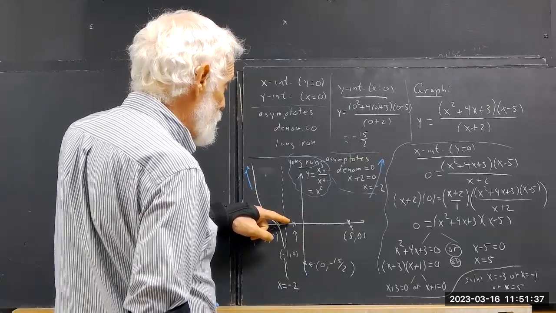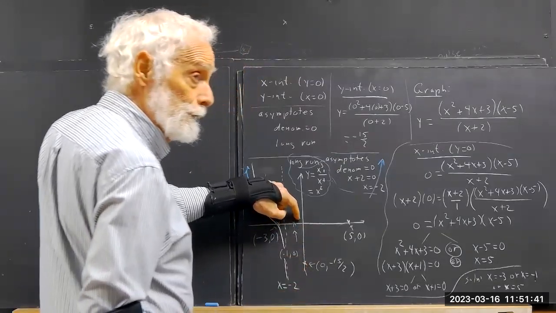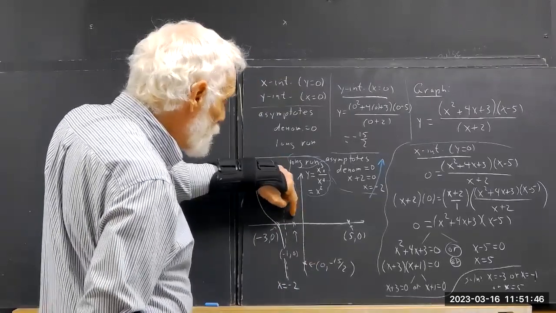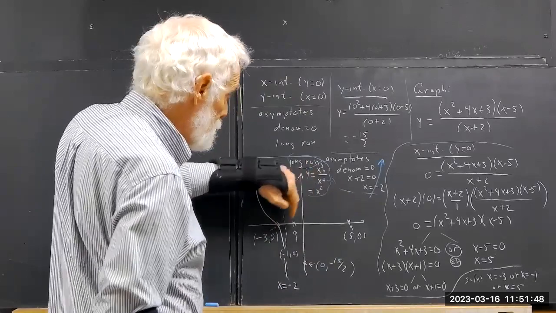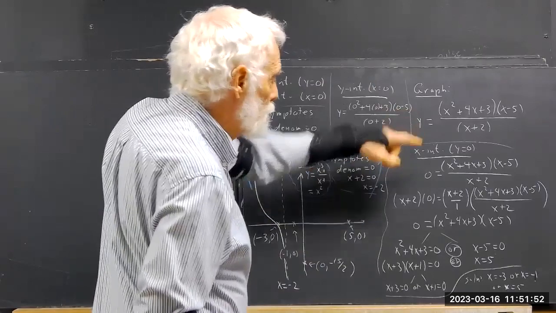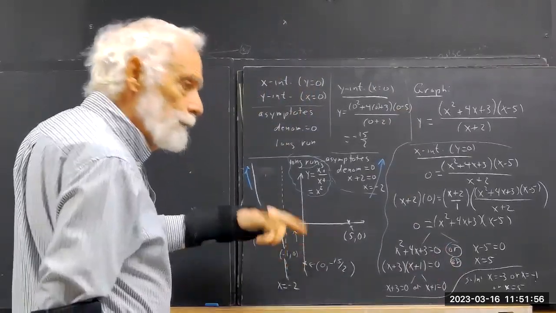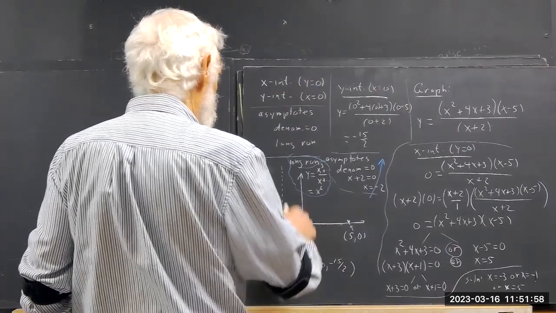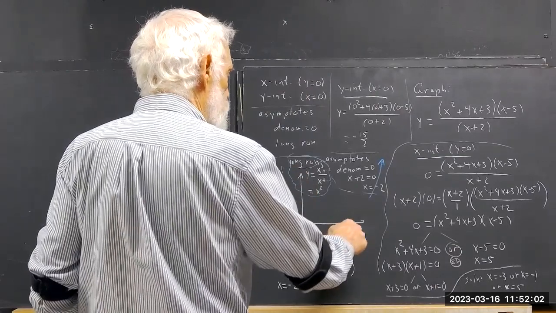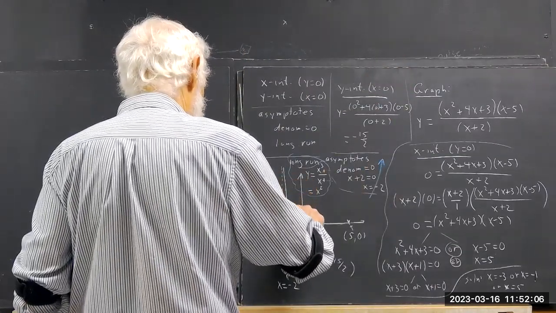Because then, to get back down to this point, we'd have to turn around and come back through the x-axis. We can't come back through the x-axis. We don't have a point where y would be zero. Y is only zero at these three values, and we've already graphed them. We can't go through the x-axis at any other point. So we've got to come down from here, and then go through here, and go from here, and then go on up. So it's going to come down like this.